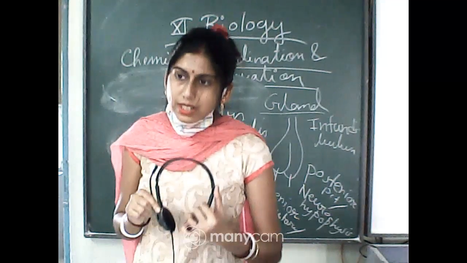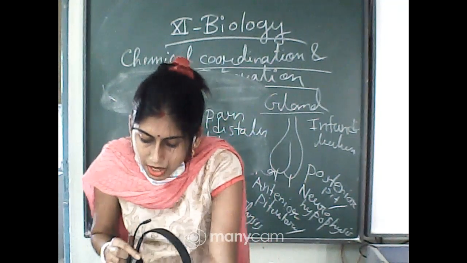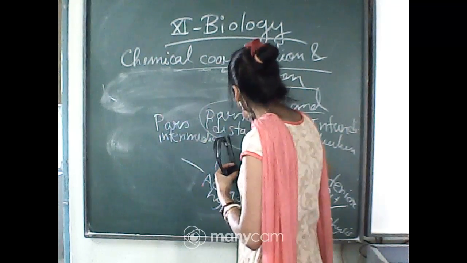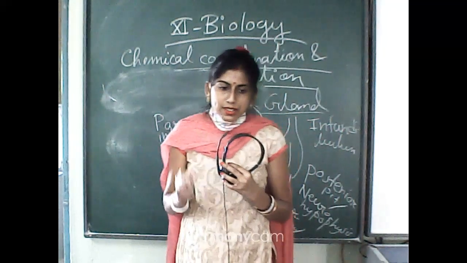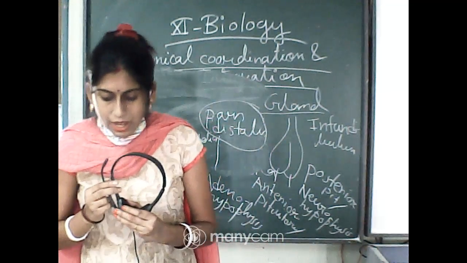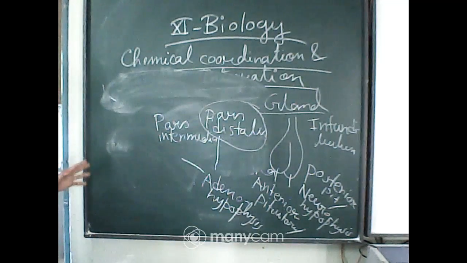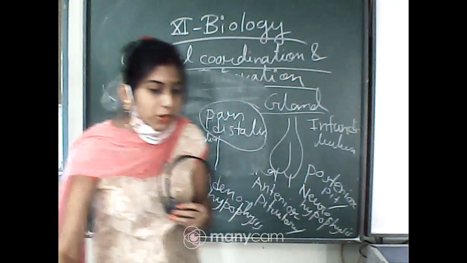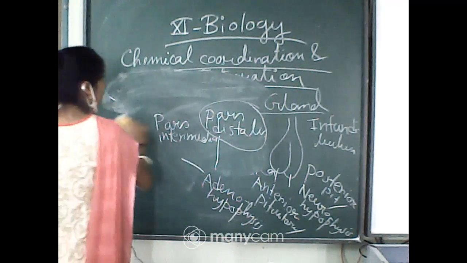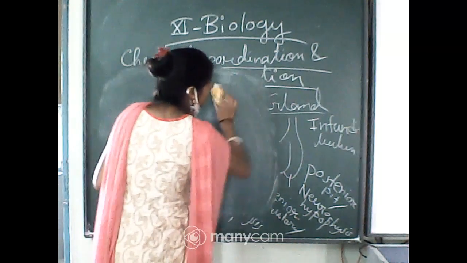Okay, so these are the different parts of anterior pituitary. Now this pars distalis is the main portion, and this pars distalis portion is actually called anterior pituitary or adenohypophysis, and from this part many hormones are released. Now you have to know the names of the hormones which are released from this part, or anterior pituitary, or we can call it pars distalis.